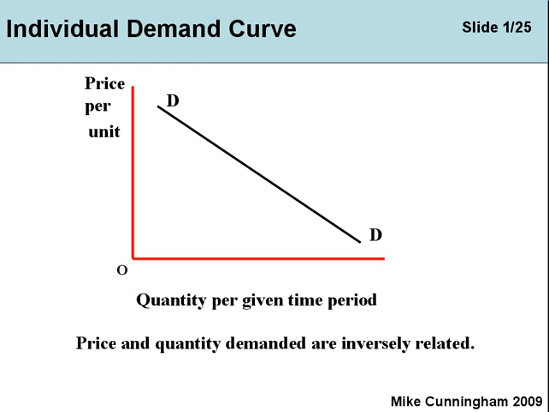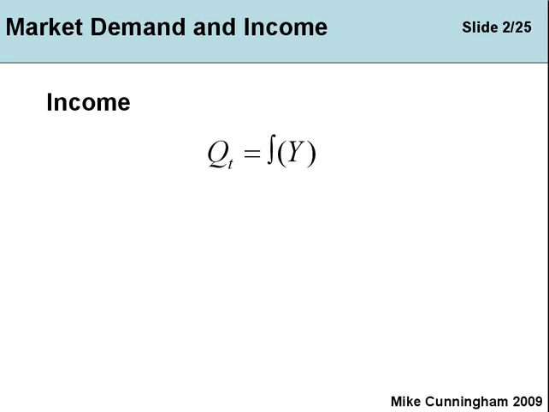Now we're going to talk about the relationship between income and demand, so let's start with this one. We've taken this from the wider demand expression, of course, but what we've got here is the quantity demanded per unit of time, the quantity demanded per week or per month or per day or whatever, depends on income.